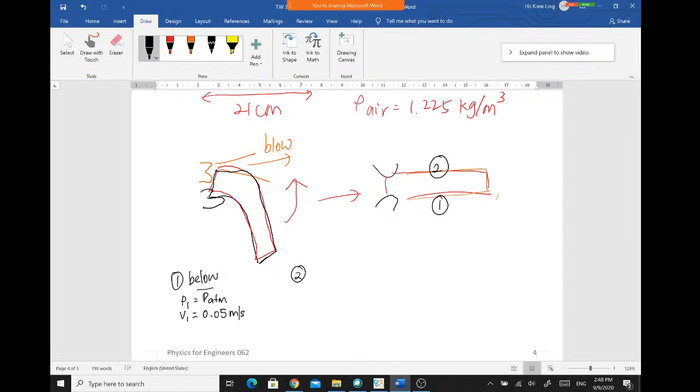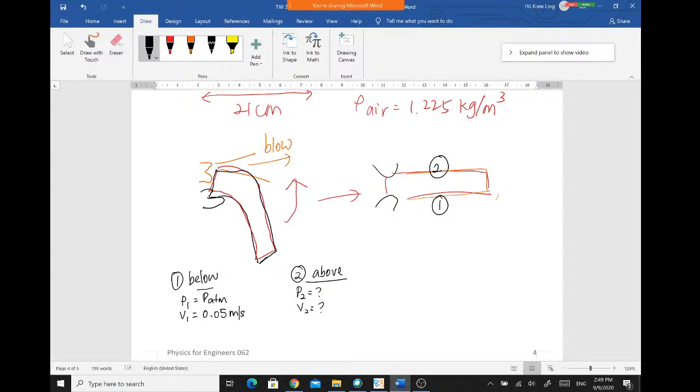The second point would be above the pepper, so definitely there will be a change in pressure, right? This is what we want to know. And the velocity is also what we want to know.